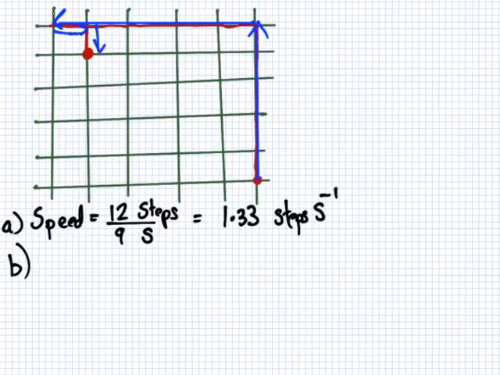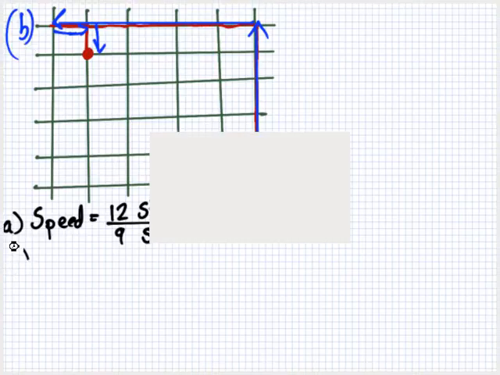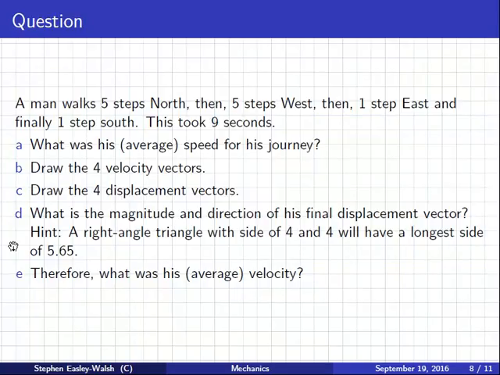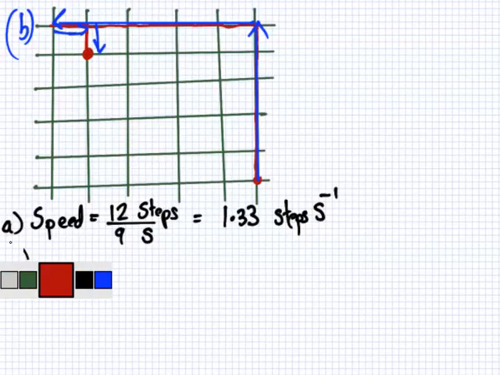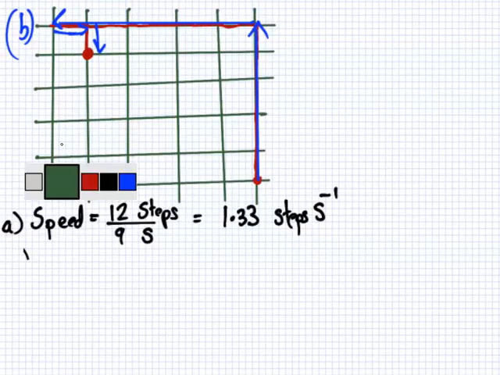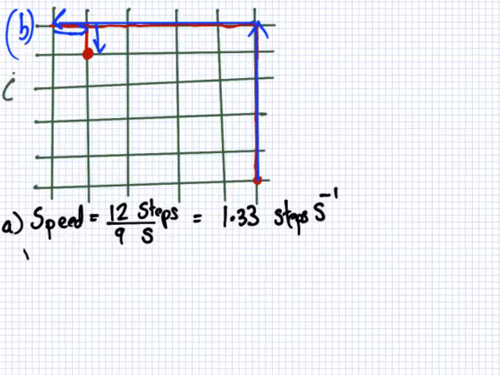So that's part B. Part C is draw the 4 displacement vectors. Now, be careful with that one. I should do it in black. The 4 displacement vectors, the 4 position vectors.